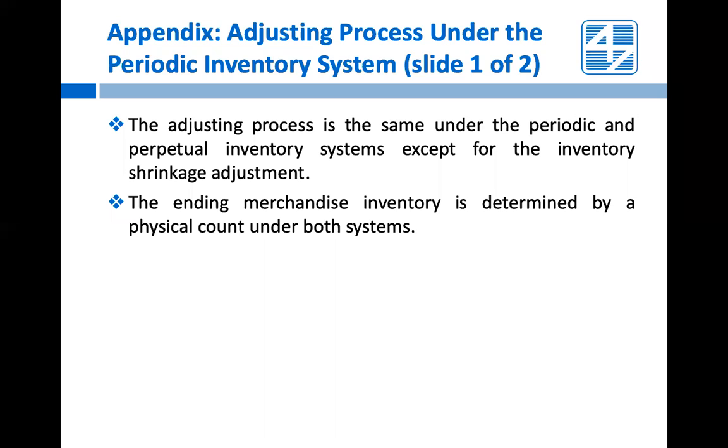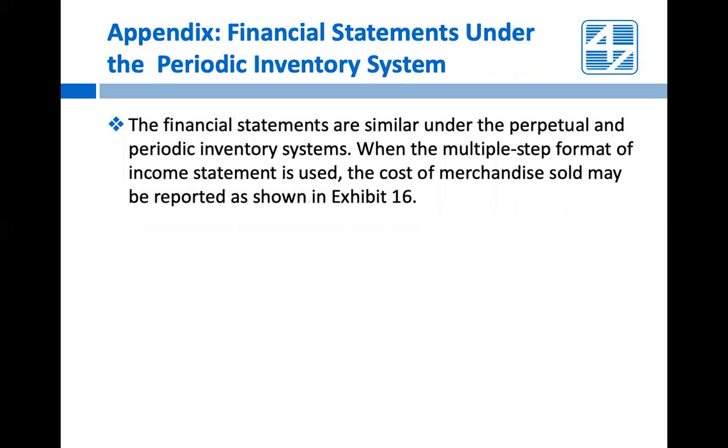We get it from physical calculation. So only then do we get the cost of merchandise sold. The cost of goods available for sale minus the ending inventory will give us the cost of goods sold. Any question until that?